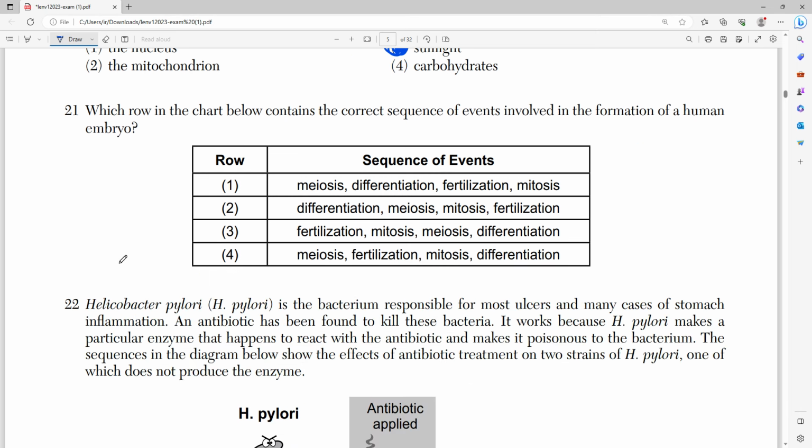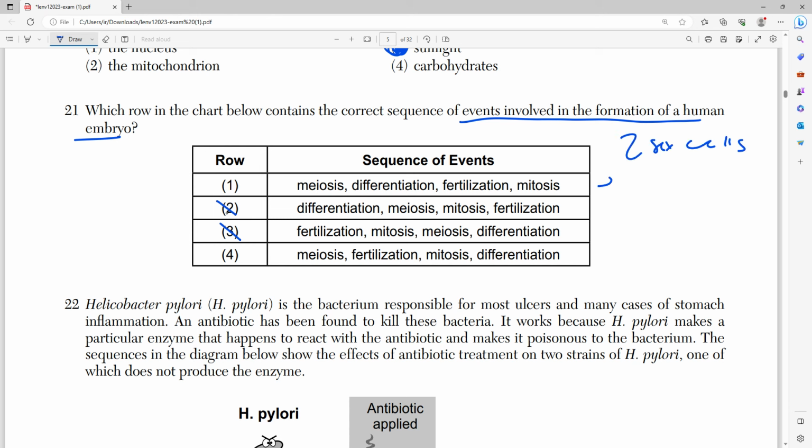21 says, which row in the chart below contains the correct sequence of events involved in the formation of a human embryo? Let's see. Oh, the choices are here. All right, automatically 2 and 3 we can take out, because in order to have a human embryo, you first need 2 sex cells.